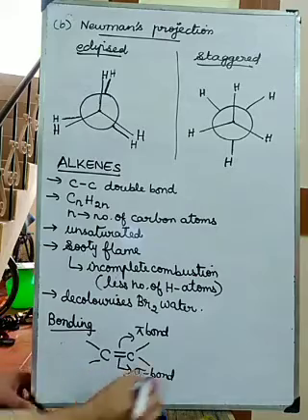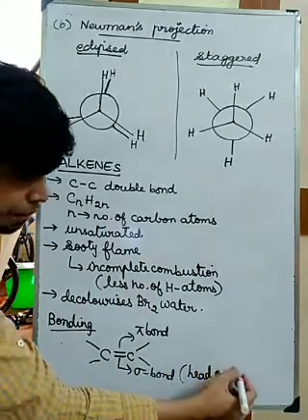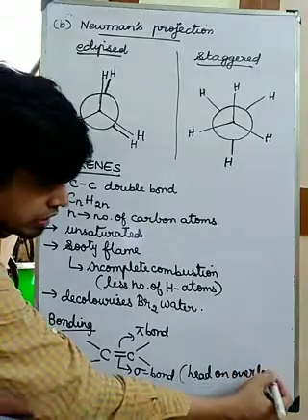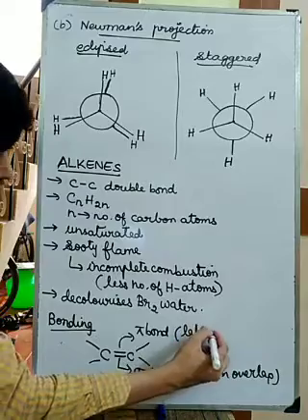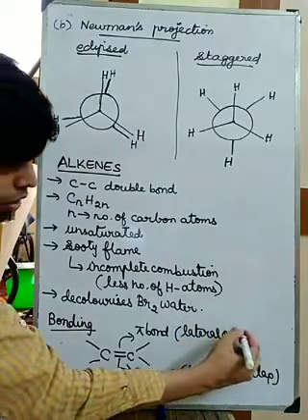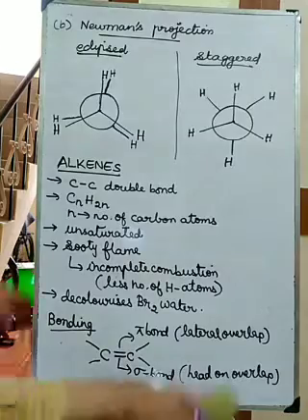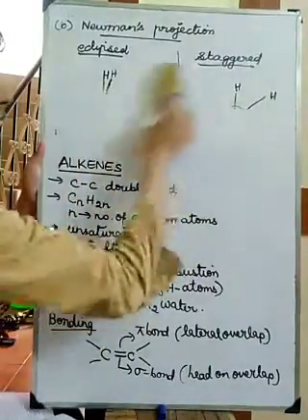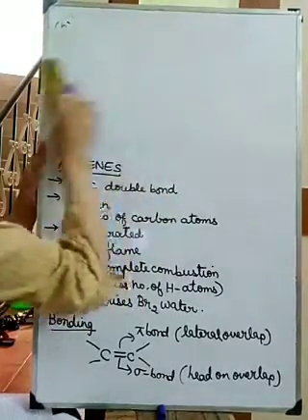How is the sigma bond formed? By the head-on overlap of the orbitals, and the pi bond is formed by the lateral overlap of the orbitals. What is the valency of carbon? It has 4 electrons in the outermost shell.